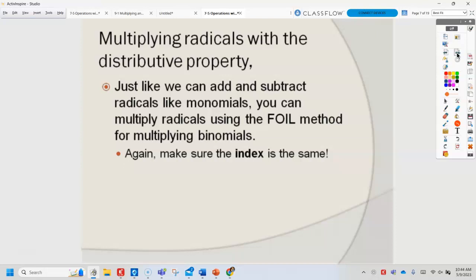So I think the variables are what kind of trip us up. Today is a little bit easier because we're just going to have a number times a number. The only thing again is that the index must be the same. You cannot multiply a cube root by a square root. That's impossible.